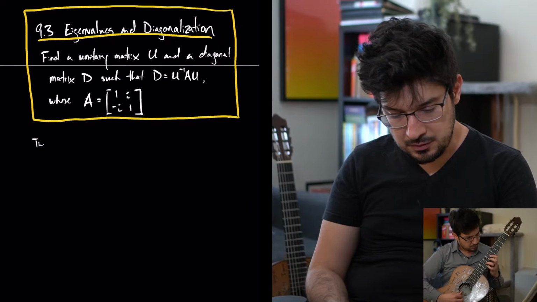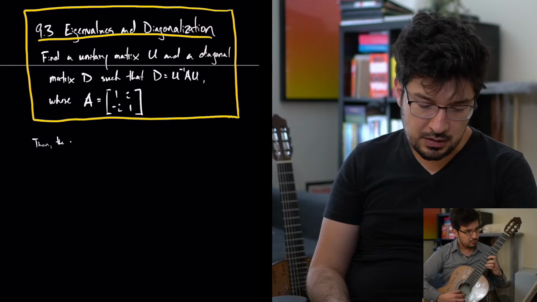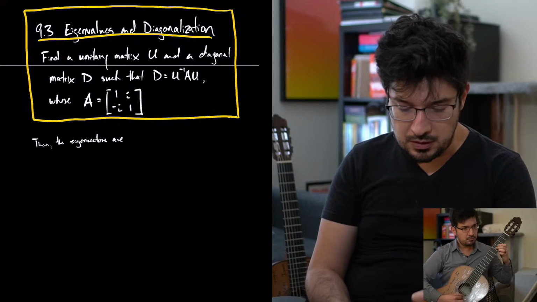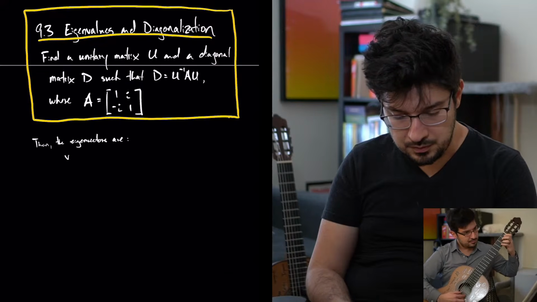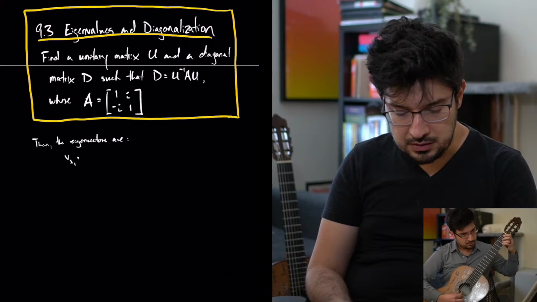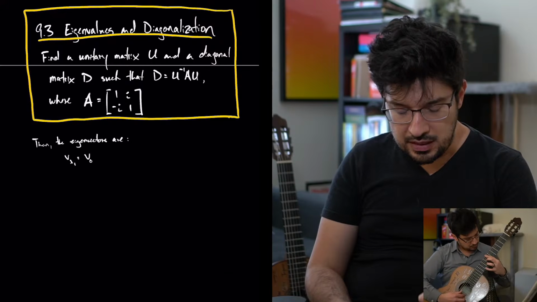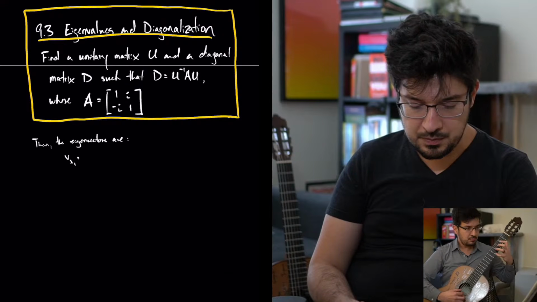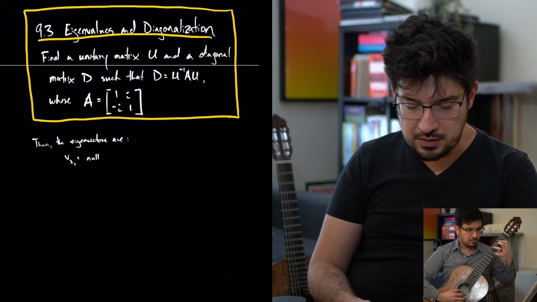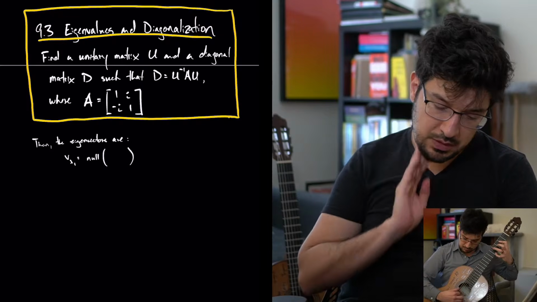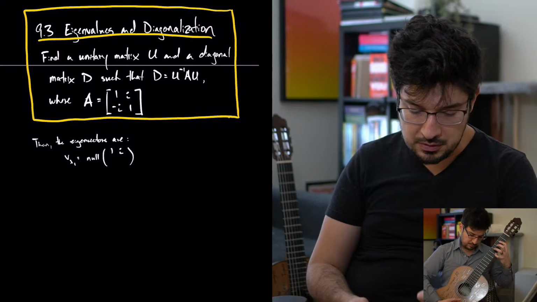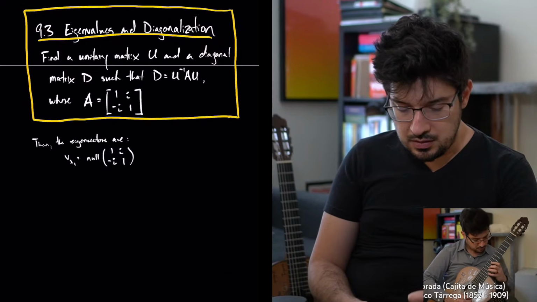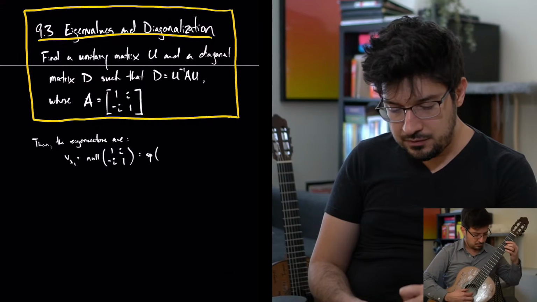Then the eigenvectors are v lambda 1, the eigenvector corresponding to lambda 1 equals 0, which is the null space of the matrix 1 minus 0, negative i, i, 1, which is the span of the vector.